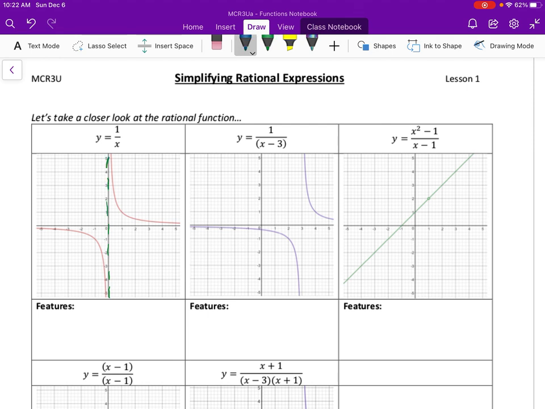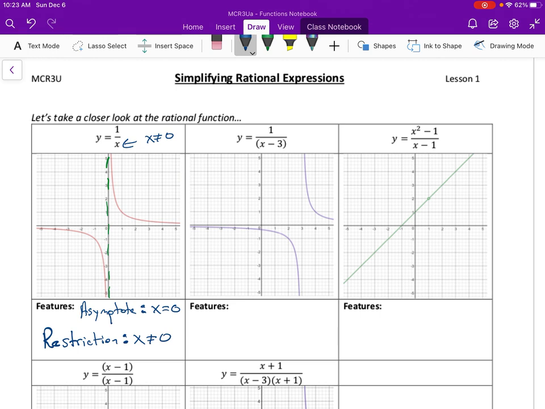So if you think of the features of this reciprocal function, or rational function, there's an asymptote, which is x equals 0. And the reason is because x cannot be 0, because that would make the denominator equal to 0.